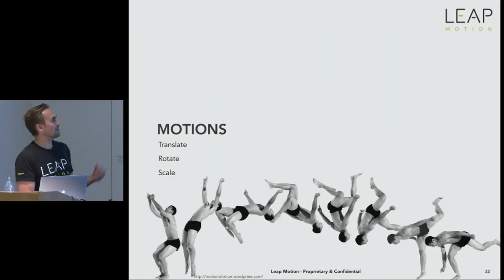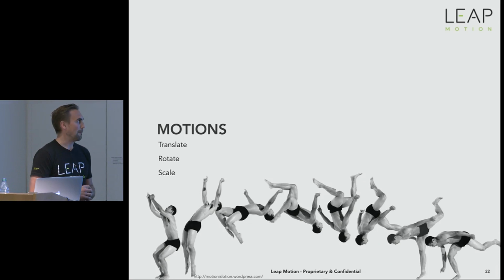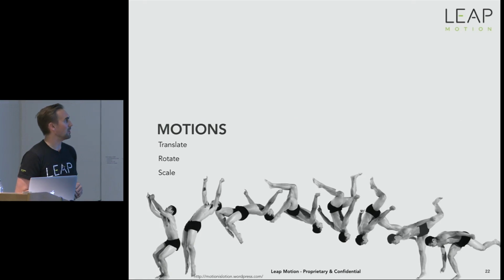This is conceptually called Motions. It's a part of our API. You'll find some guides on what Motions is, but at a conceptual level, what it's doing is taking all of these movements in this space and turning them into one of three things: translation, rotation, and scaling. Don't get too caught up in that, but it converts these complex movements into single numbers, like a degree of rotation or a scaling factor.